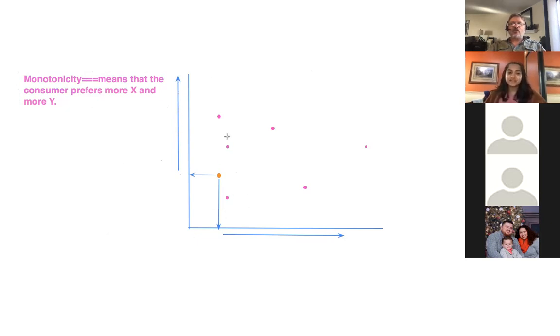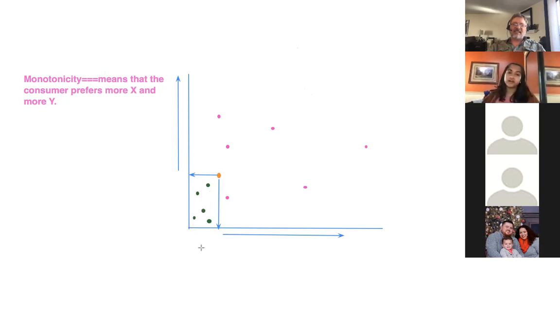So the question is, if the consumer could pick consumption bundles, well, we would know that they would rank bundles down here, the green ones, as being of a lower preference, right?